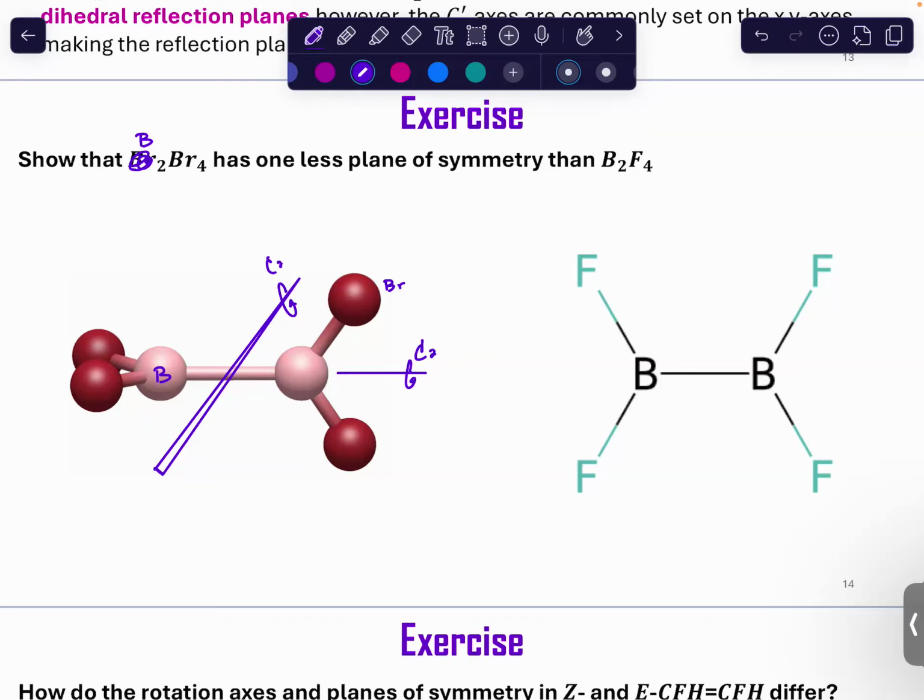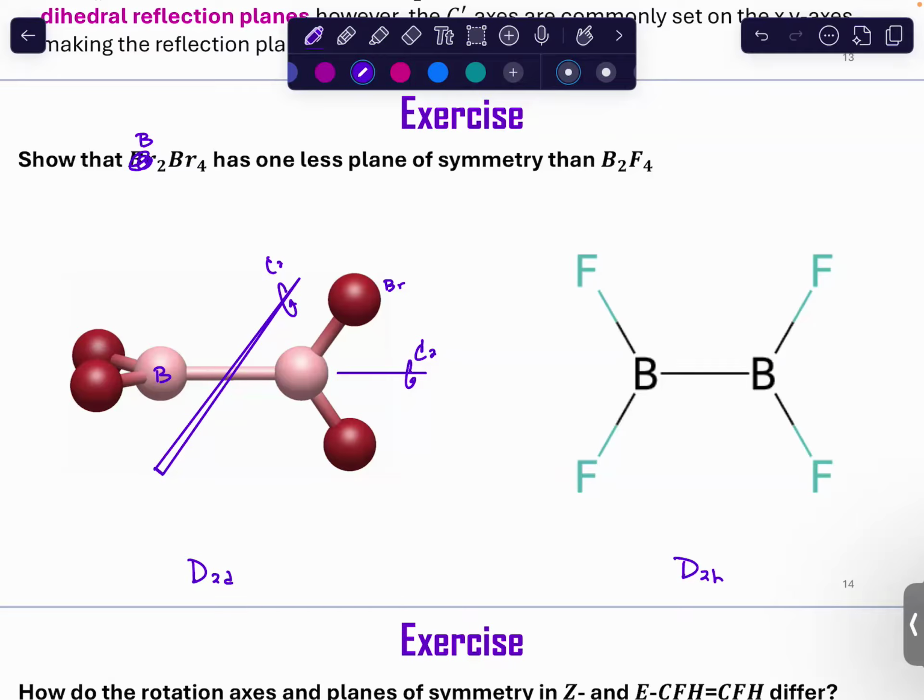Now, here's the thing: if you're going on Otterbein to look this up, this, for example, is a D2D point group. So they're just going to have these lists of the point groups. This helps you find this one. This one over here is a D2H.